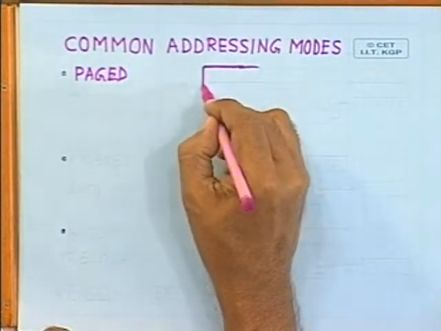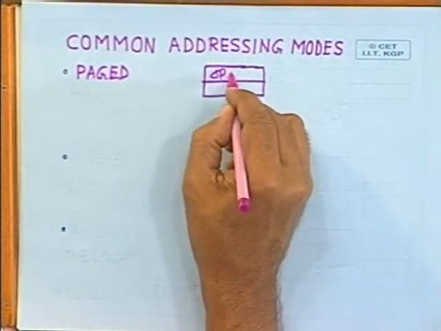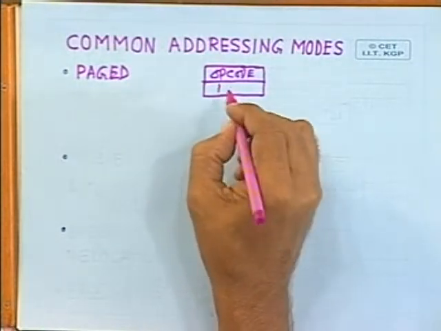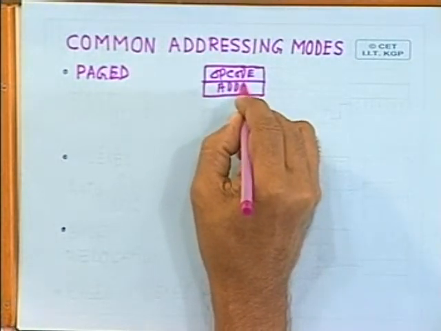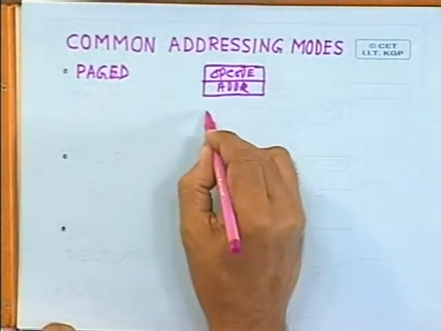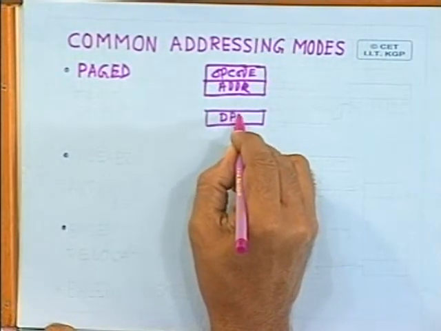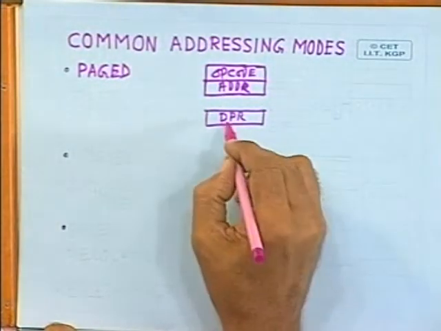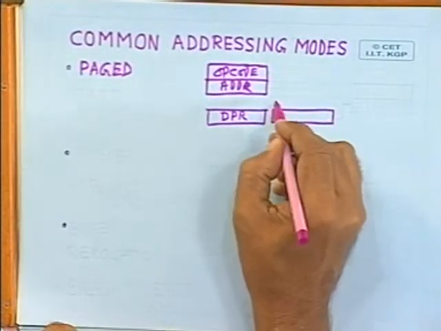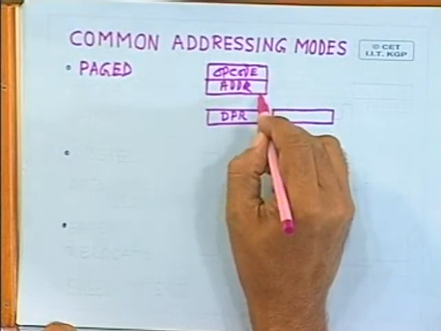So this is what is done in paged addressing. Here is your opcode, and here is your address, but the address is 8 bits. You use the direct page register to hold the higher order byte of the address, and the lower order byte is provided as part of the instruction.